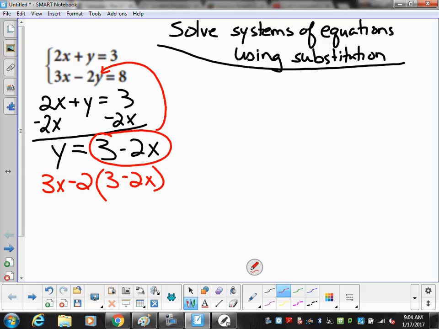So we're going to distribute. Equals 8. Yes, we will be distributing.